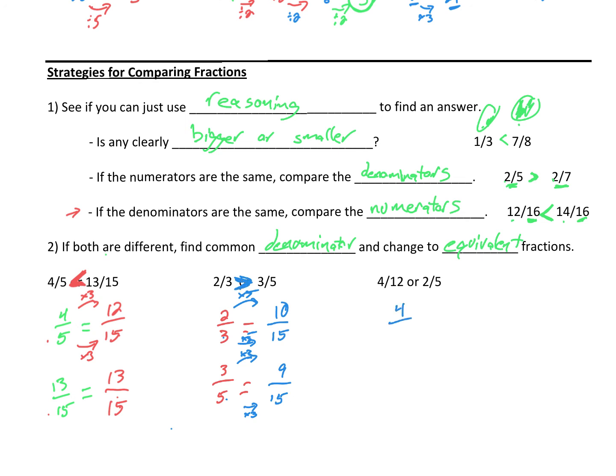And here now we have 4/12 or 2/5. Let's find a common denominator with 12 and 5. We can use any multiple. If we just multiply them together, we could get 60, 5 times 12.